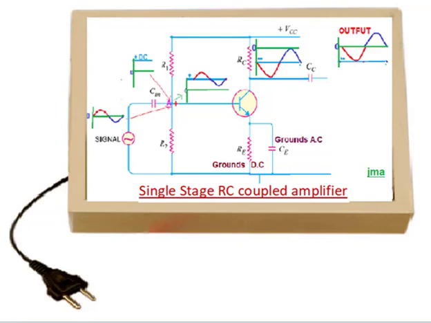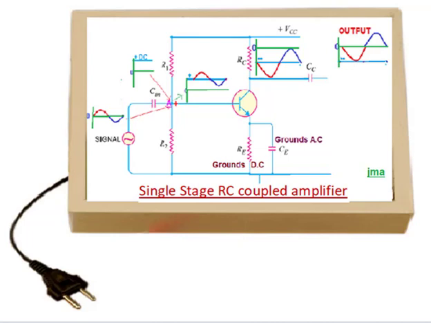What is reverse bias? For example, if a collector is made of p-type material, it is fed with negative voltage. Or if a collector is made of n-type semiconductor material, then it is fed with positive voltage.